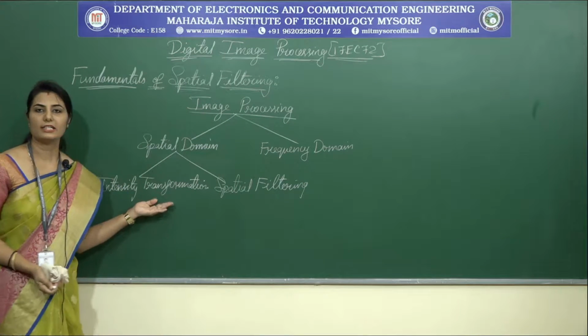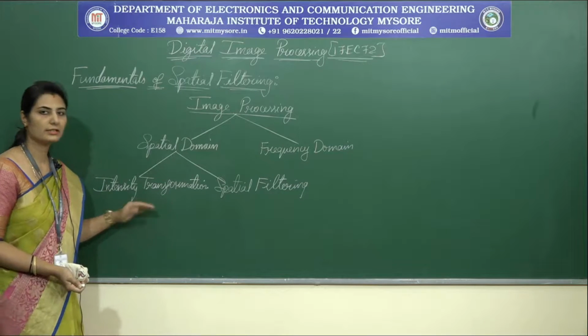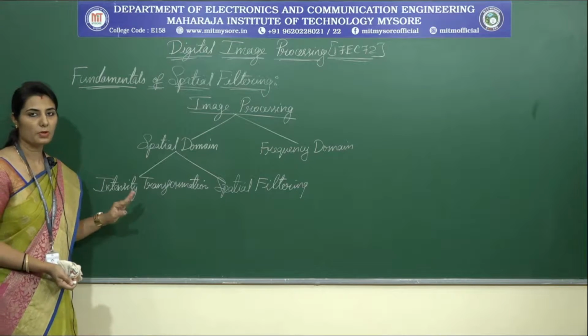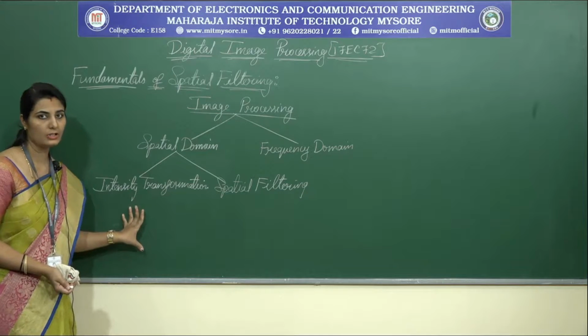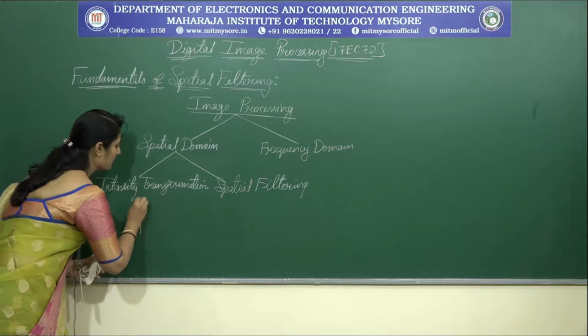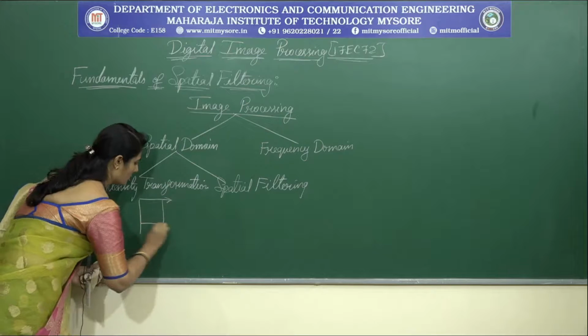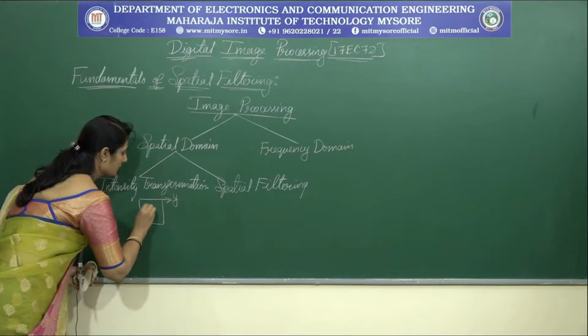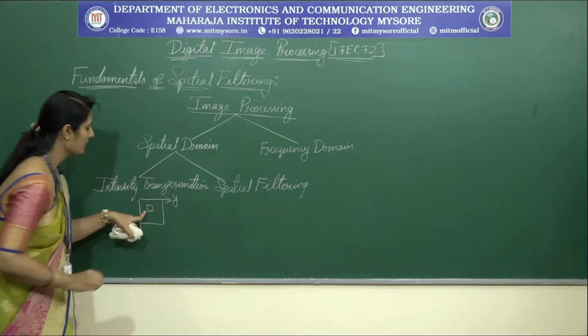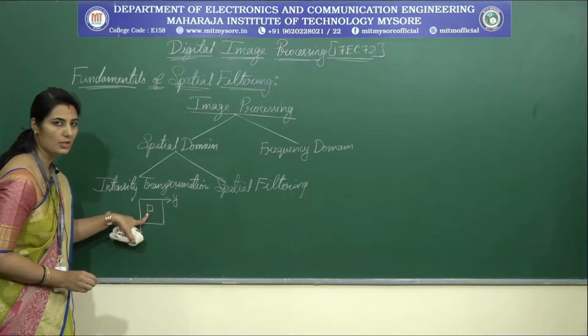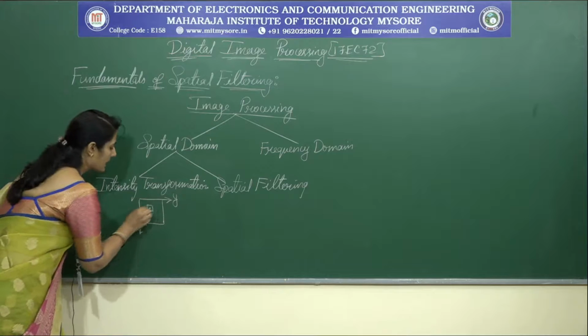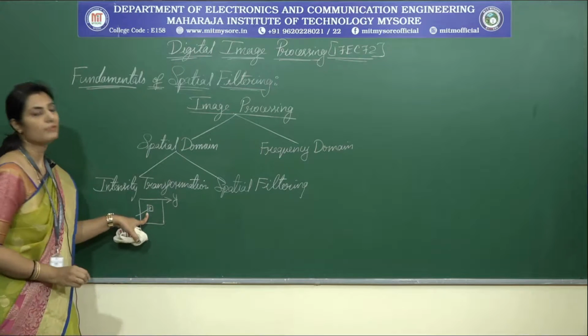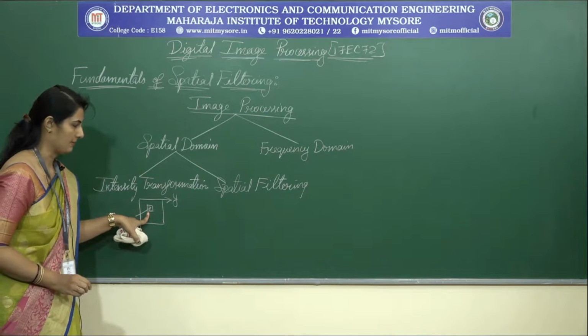In intensity transformation, we perform processing operations directly on the single pixel present in the image. If this is the image plane, we perform intensity transformation operations directly on the single pixel present in this image plane.